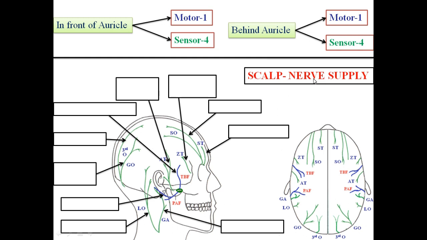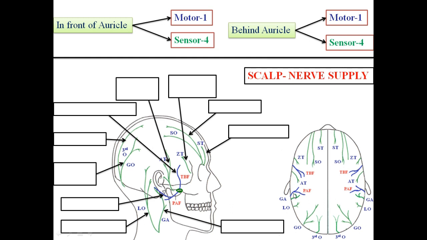Nerve supply of the scalp. Here we can see that in front of the auricle there are 4 sensory nerves and 1 motor nerve. Behind the auricle there are 4 sensory nerves and 1 motor nerve.